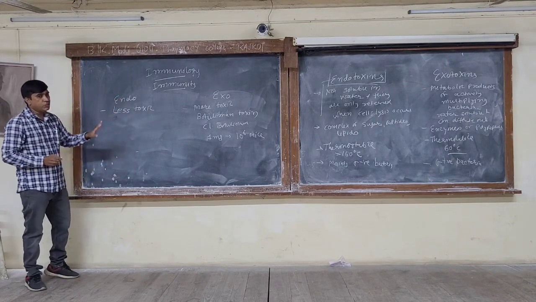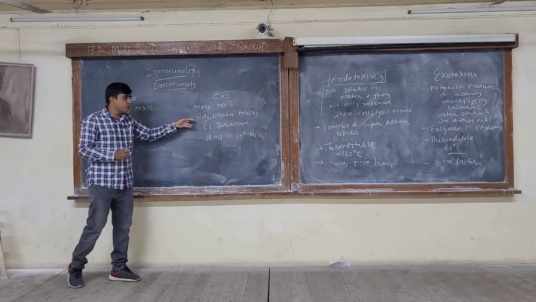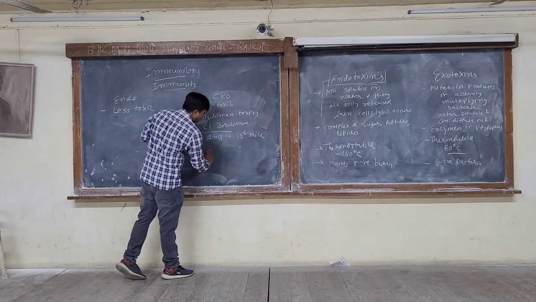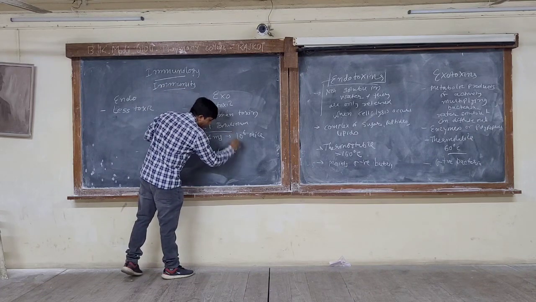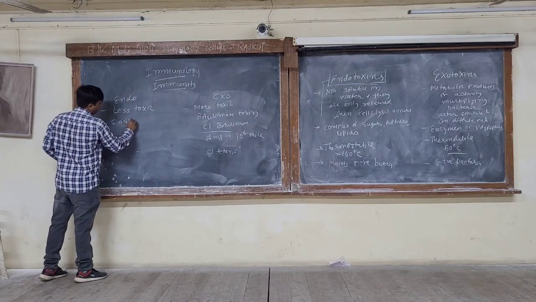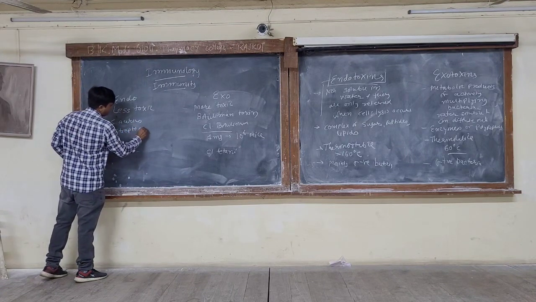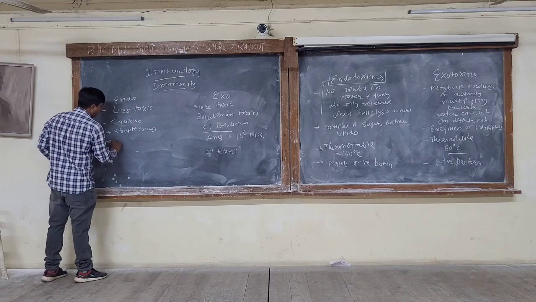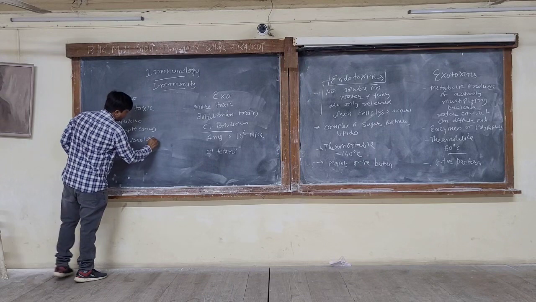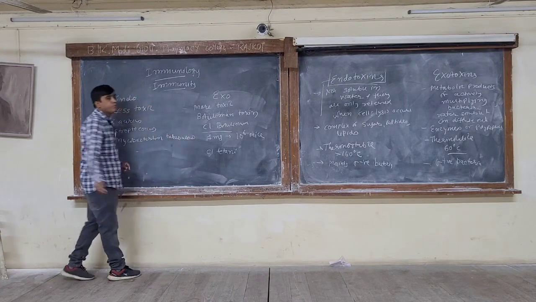So the endotoxins, as I said, are produced by gram-negative microorganisms. Exotoxins are produced by gram-positive organisms, like Clostridium botulinum, Clostridium tetani, etc., and by organisms like Staphylococcus aureus, Streptococcus, Mycobacterium tuberculosis, etc. Okay.